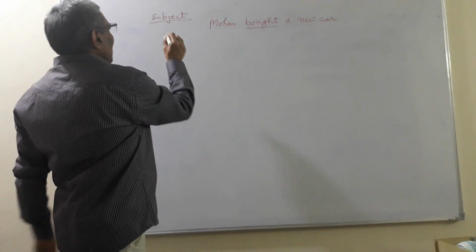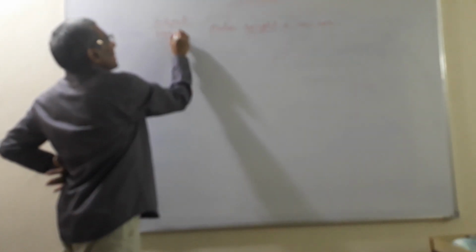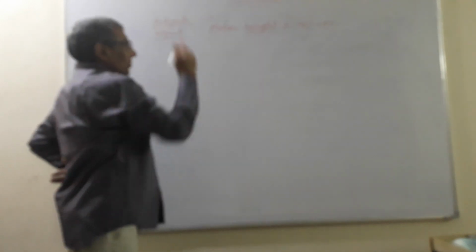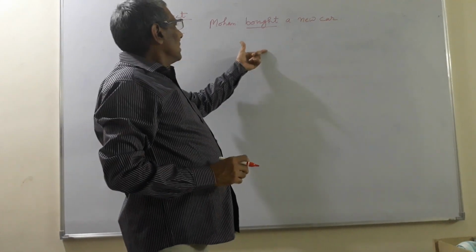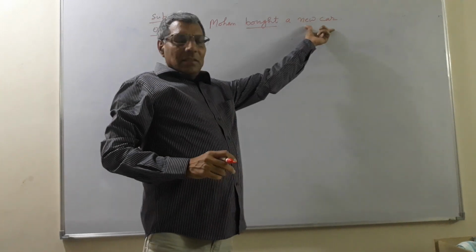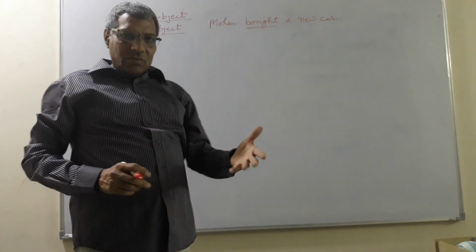Similarly, noun can be used as the object of a verb. In this sentence, a new car is the object. So car again is the noun.